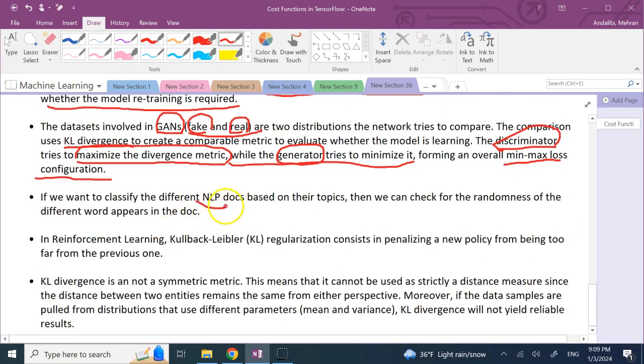In natural language processing, one application could be, let's say, if you want to classify different types of documents based on their topics. You can look at the distribution of the words or the randomness of different words appearing in them.